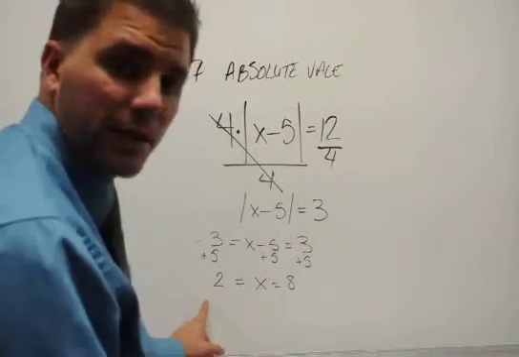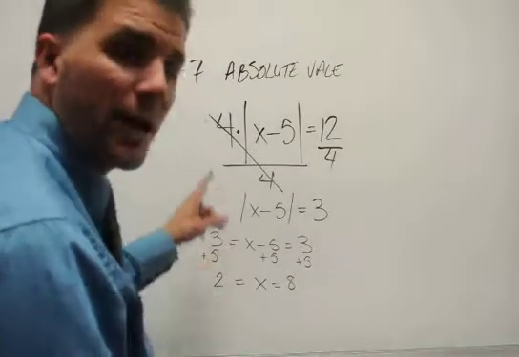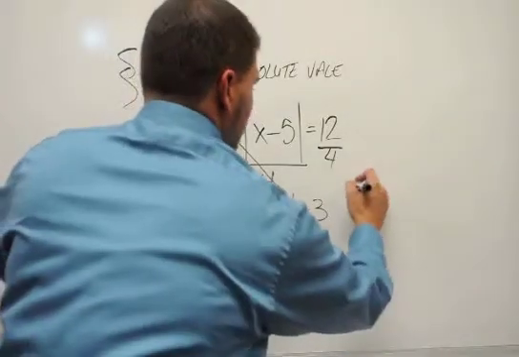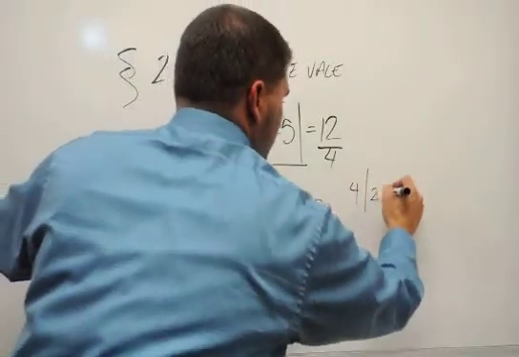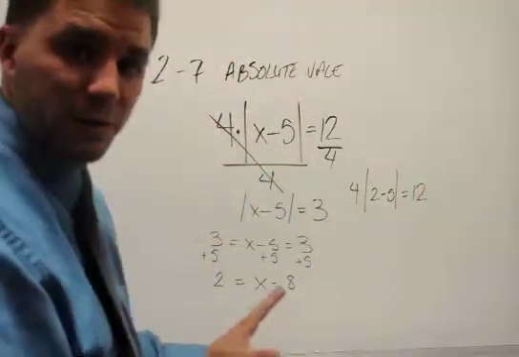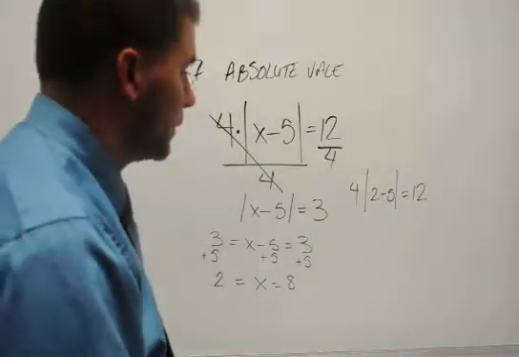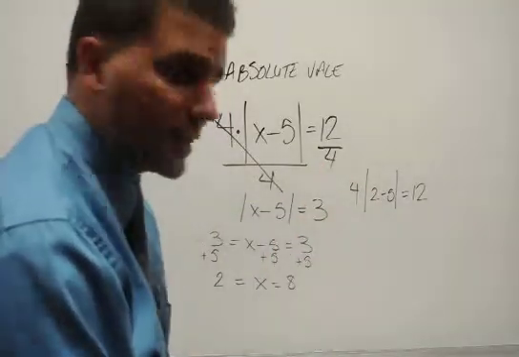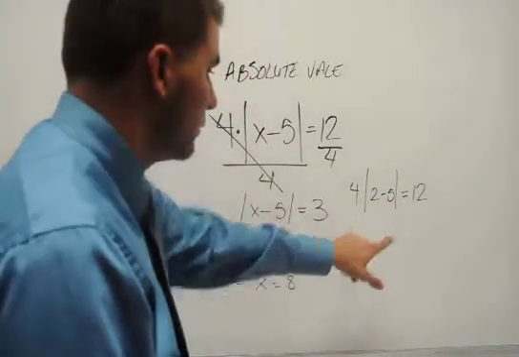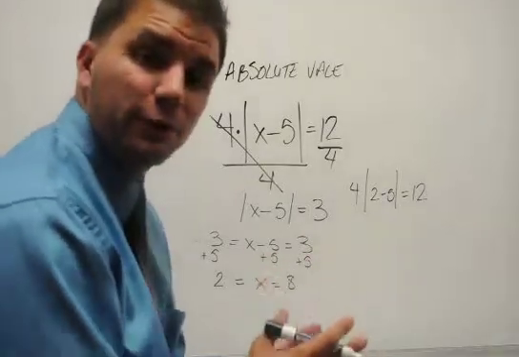Now just to check and make sure, I'm going to take this 2 and plug it back into my original equation. I don't think this is going to work because I've got all kinds of different stuff going on here. I want to make sure that this is the right answer. Inside my absolute value, we'll treat this just like a PEMDAS problem where the absolute value is the parentheses. We'll do everything inside the absolute value first.